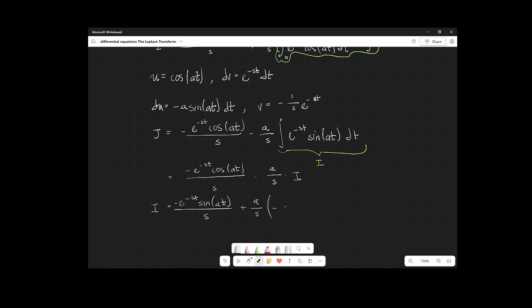And that's why I was saying minus, but we're not going to do that yet. We'll do that in the next step where we distribute.